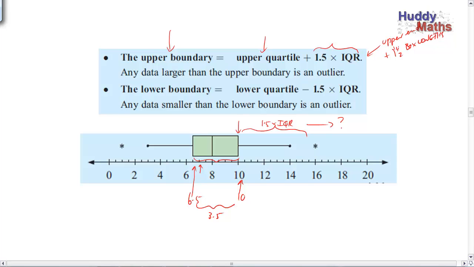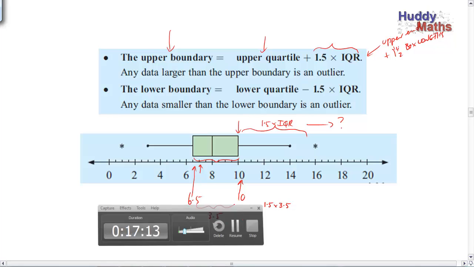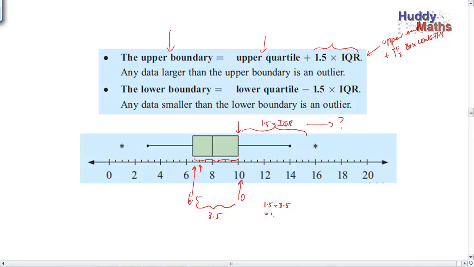Okay, so how far can you go off the top of the box here before it's an outlier? 1.5 times 3.5. What's that going to come to? Let's do it on the calculator now, and you can just check it. And that's 5.25.